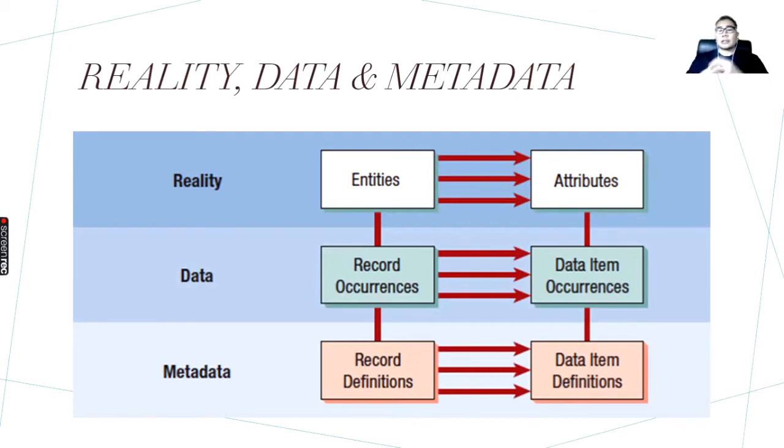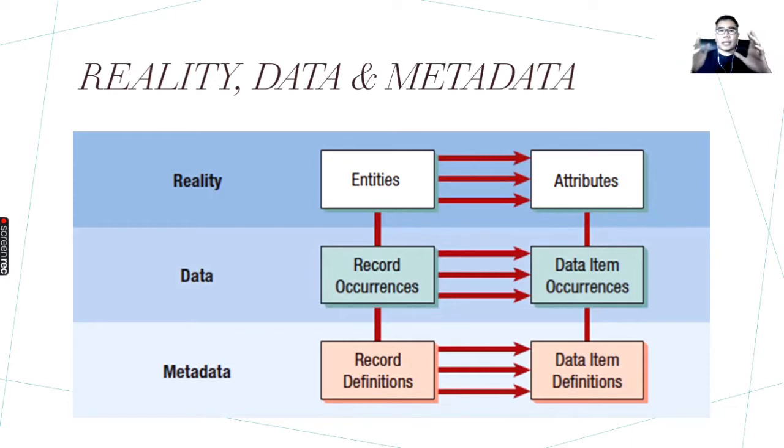The second element is what we call data. The data itself represents the facts of the events. In this case, for example, as the students are enrolling in courses, there are two entities, the student entity and the course entity. The members of the entity itself are the students and the course list.